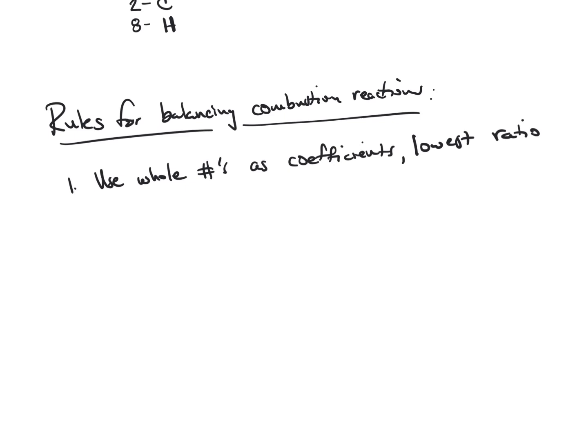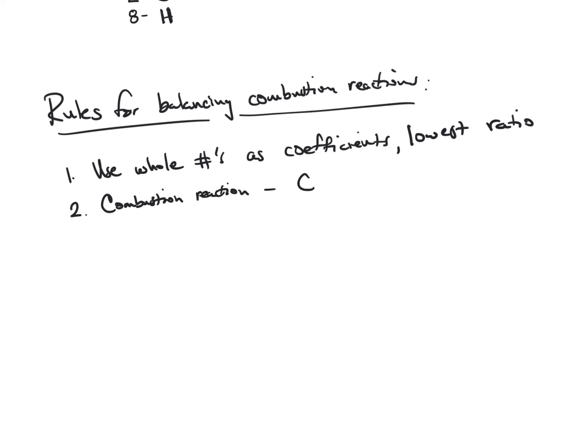Another rule is going to be, if it's a combustion reaction, we're going to use what's called the rule of CHO. And what the rule of CHO says in a combustion reaction is we always balance carbon first, we balance hydrogen second, and we leave oxygen for the end.